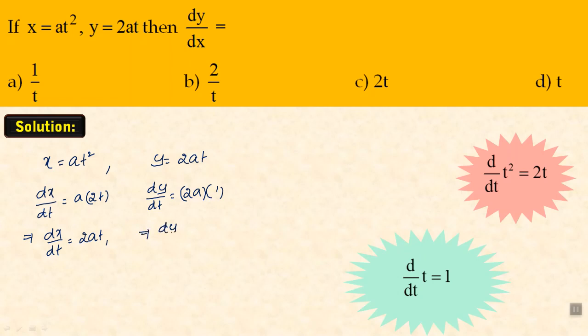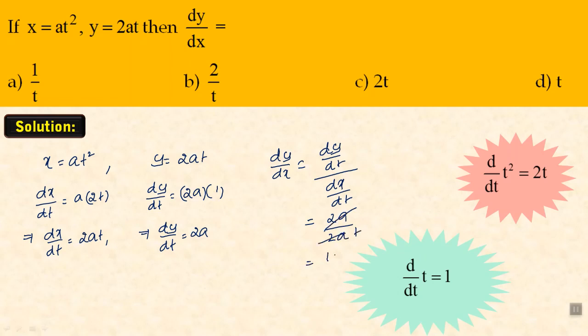This implies dy by dt is equal to 2a. Now dy by dx is equal to, here dividing with dt in numerator and denominator, we get dy by dt divided by dx by dt is equal to, dy by dt is 2a divided by dx by dt, that is 2at. Here 2a gets cancelled. This equals 1 by t. Therefore, the answer is option A.